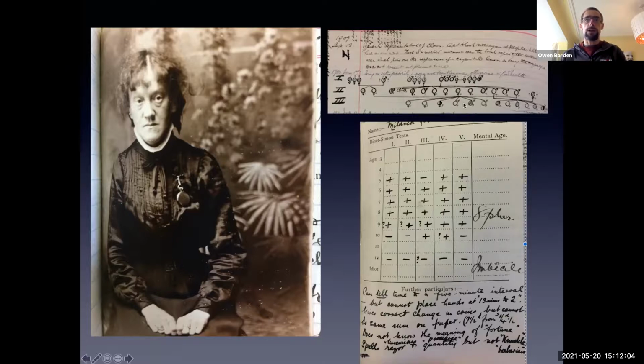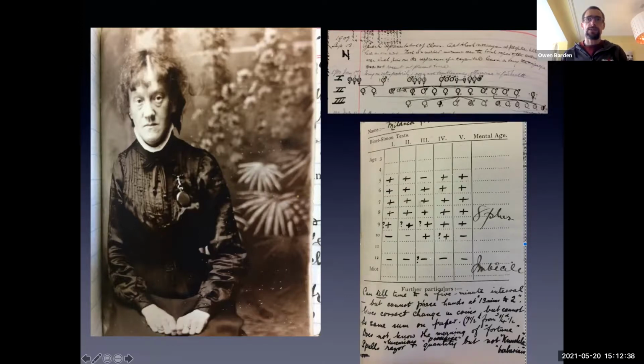So then it becomes obvious how this sort of institutionalization is linked to programs to eradicate learning disabled people through sterilization and eugenics. And here in the bottom right-hand corner, all these pluses and minuses are actually results of a Binet-Simon intelligence test. It actually says it there, Binet-Simon test, up at the top.